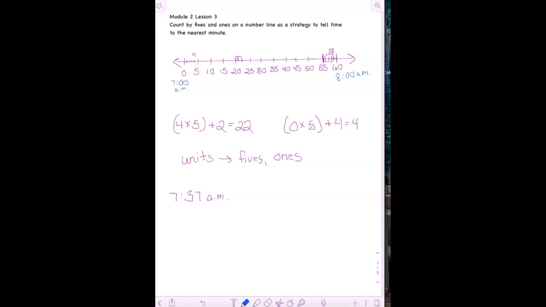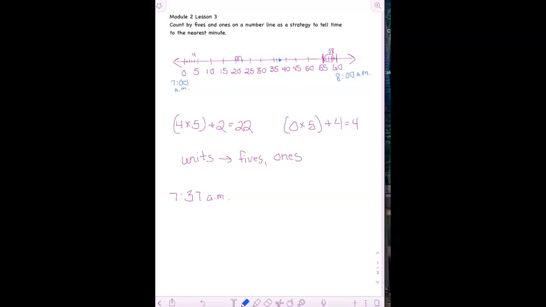So we're going to use 7:37. Our hour is 7. We're going to go to 35 minutes. And how many are we going to need to add to get to 37? Well, we can just count. We're at 35, 36, 37.